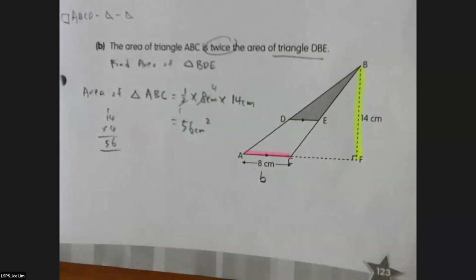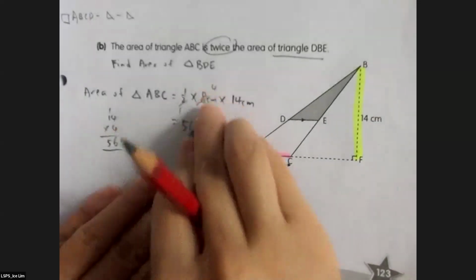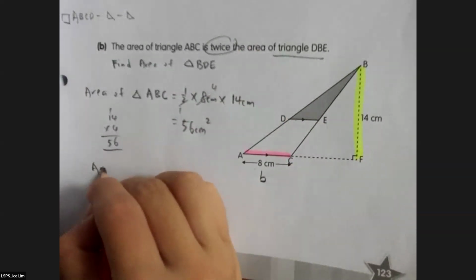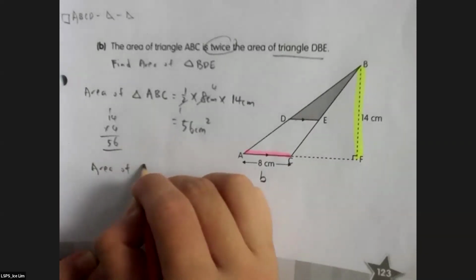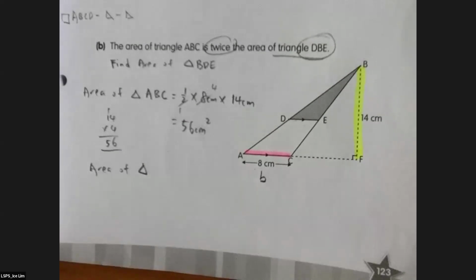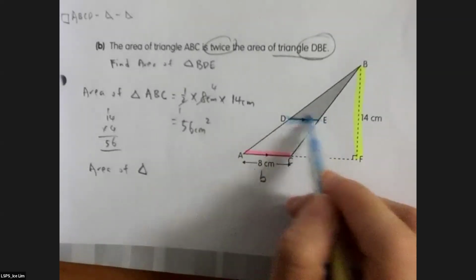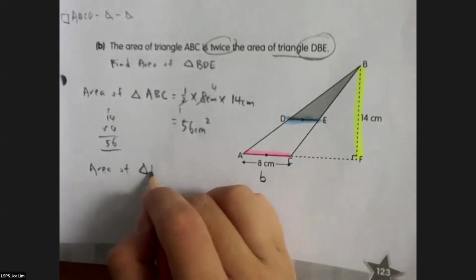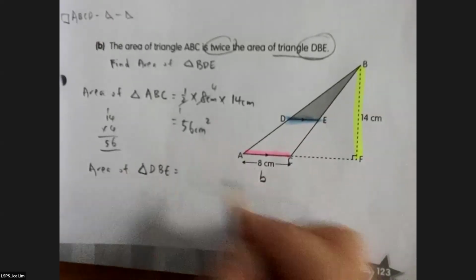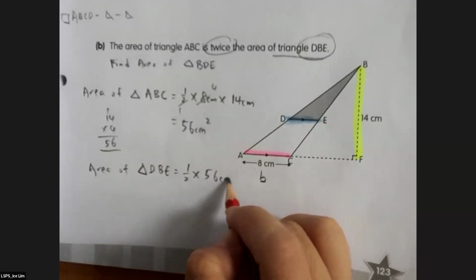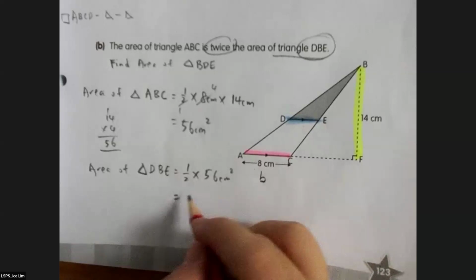Yeah, 56 square centimeters. And then the next step is to find the area of the requested one that is here. Triangle DBE is half of triangle ABC, so it's half of 56, that will be 28.